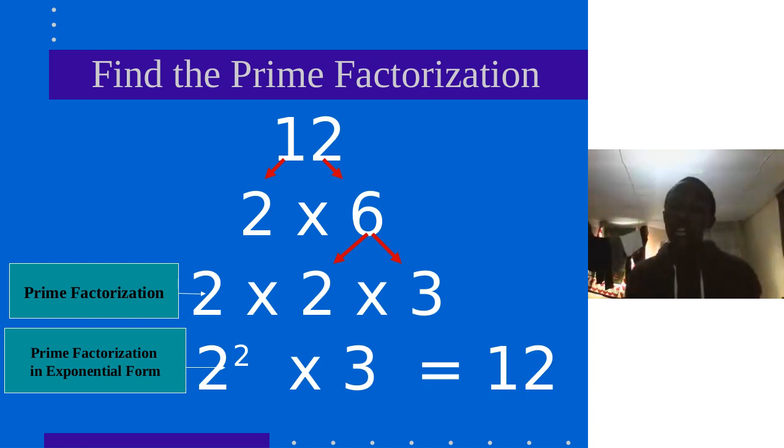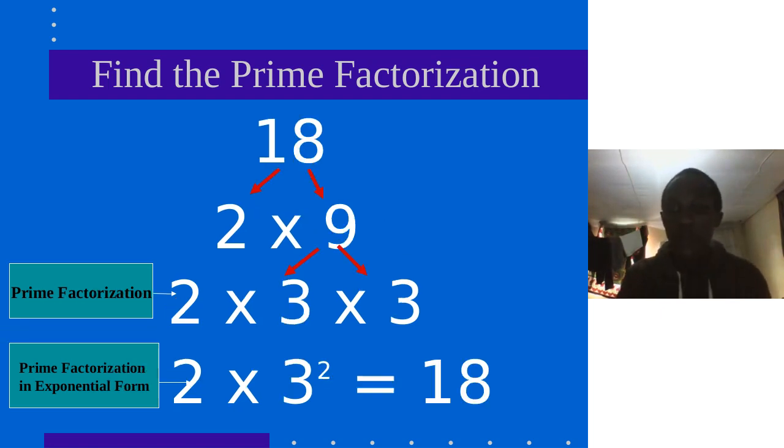And then you divide 3 by 3, you get 1. So in other terms, you write it as 2 raised to 2, which is 4, multiplied by 3. 2 raised to 2 multiplied by 3 is equivalent to 12. Okay?